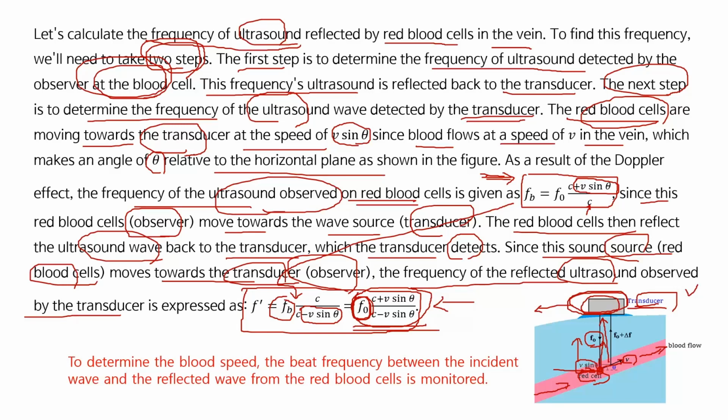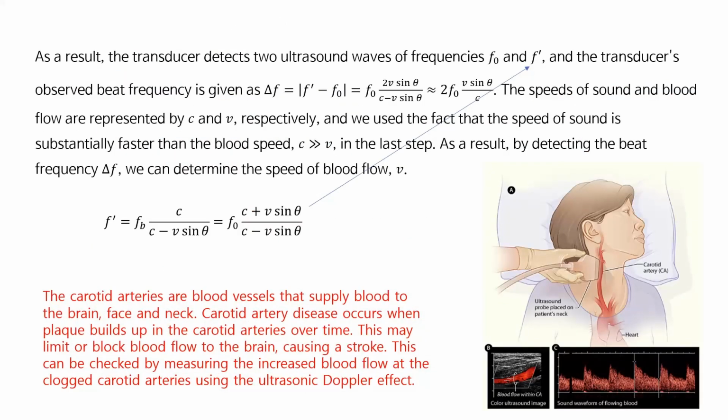So to determine the blood speed, we use the beat frequency between the incident wave, which is F0, and the reflected wave from the red blood cell, this one. So the beat frequency can be obtained by subtracting the two frequencies.